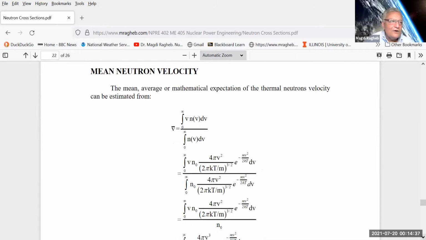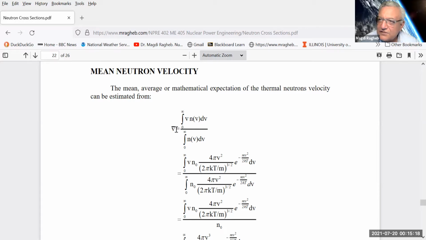If we want to talk about not just the most probable energy or velocity of the neutrons, we can also talk about the mean, or the average, or the mathematical expectation of the neutron velocity. In that case, we take the Maxwell-Boltzmann distribution, N of V dV, and to calculate the average, we multiply this distribution by V. This is statistics or probability theory, and we get the mean value, or the mathematical expectation, or the average, whichever context we are talking.